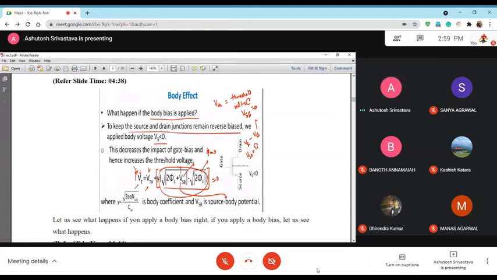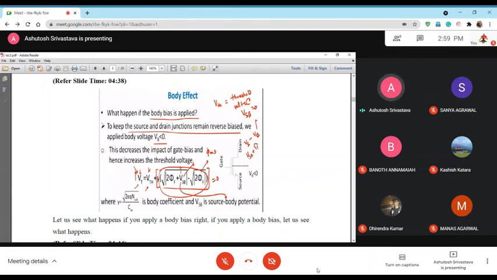But if we apply a particular voltage or a bias on this 4th terminal, what happens? So what we have is the so-called body effect. What happens if the body is applied with this kind of voltage?